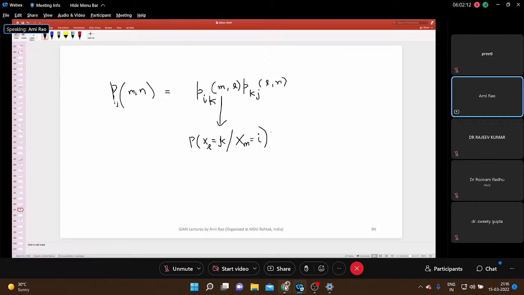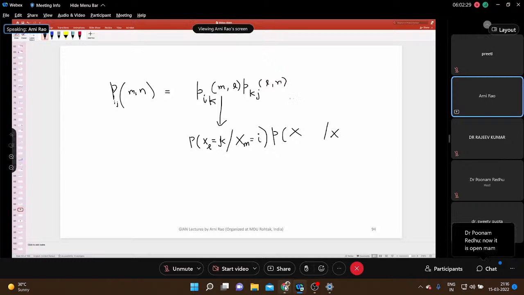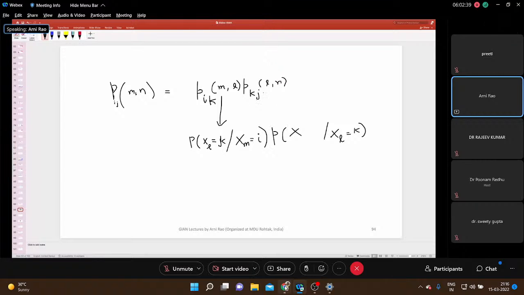So the probability: given that it started from i and reached k, it again starts from k. What is the k time? X_l equal to k. And it reached what? k to j. So j at what time? n. X_n equal to j.